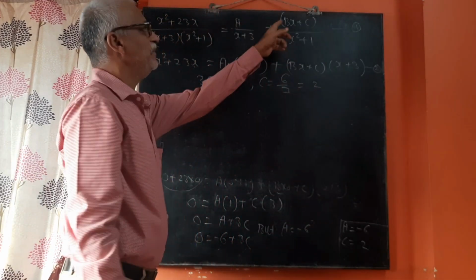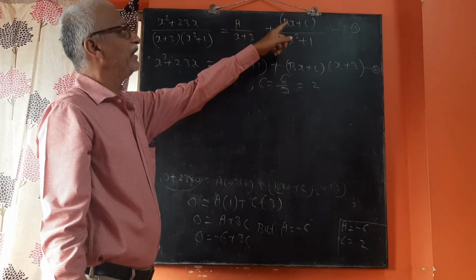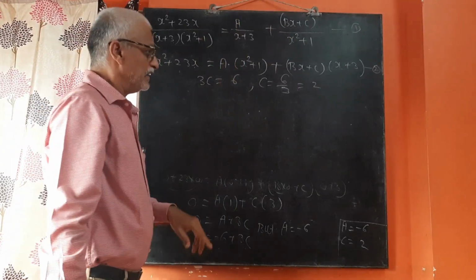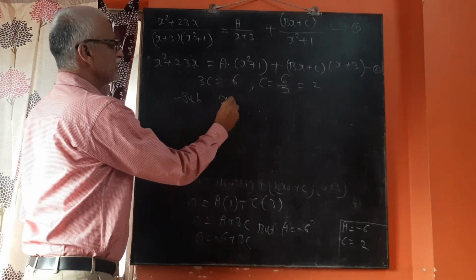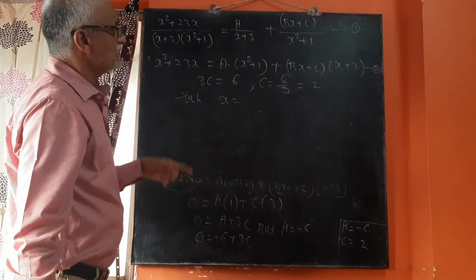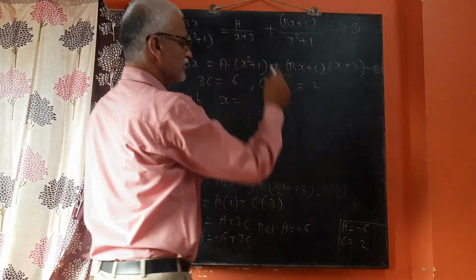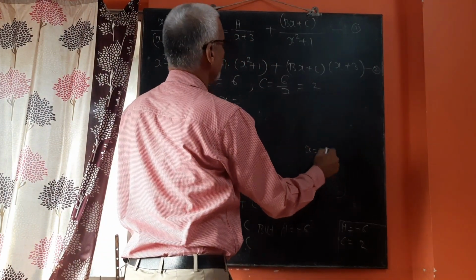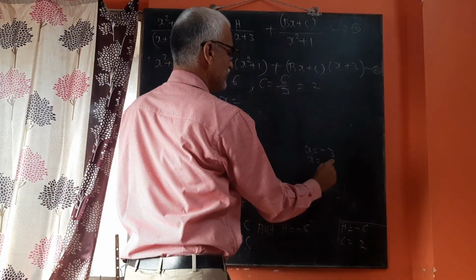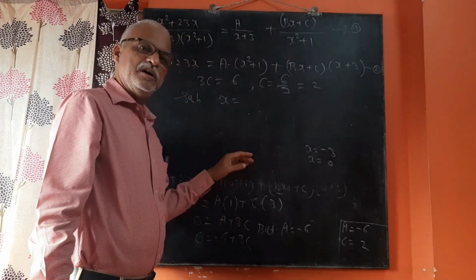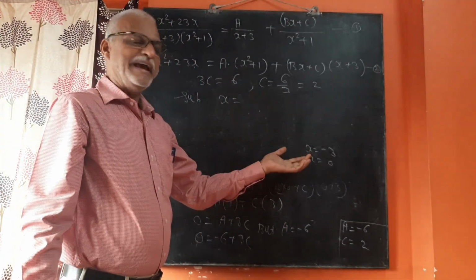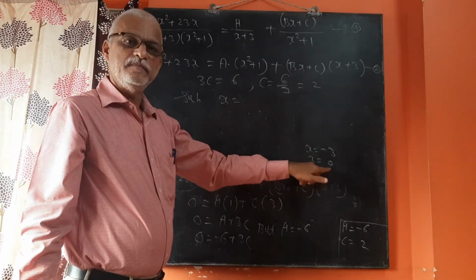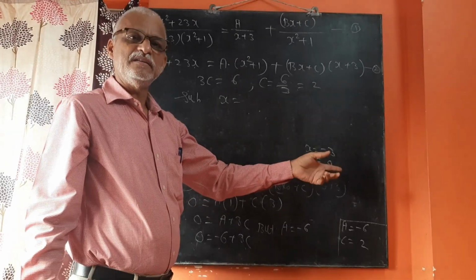So out of a, b and c, we have got the value of a as well as the value of c. Now the third substitution. The first substitution we made was x equals -3, the second was x equals 0. Now for the third, you have to substitute a value of x other than -3 and 0.